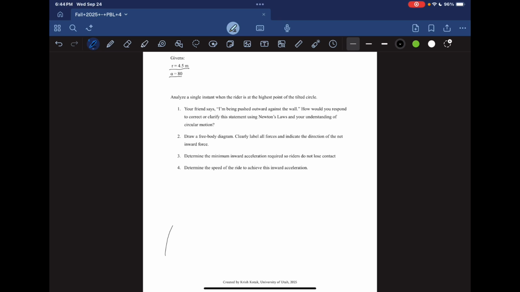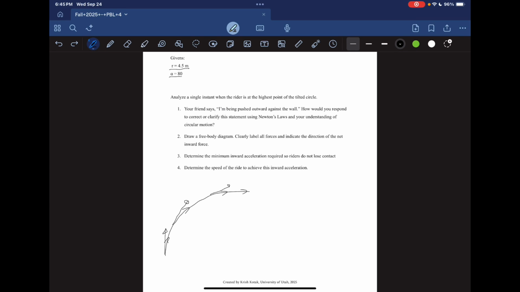If you can imagine the path of motion, it's going like this. But at any point, the velocity is tangential to this motion, like this. And so what he's really feeling is that his velocity wants to continue in this direction, but the wall is preventing him from doing so.